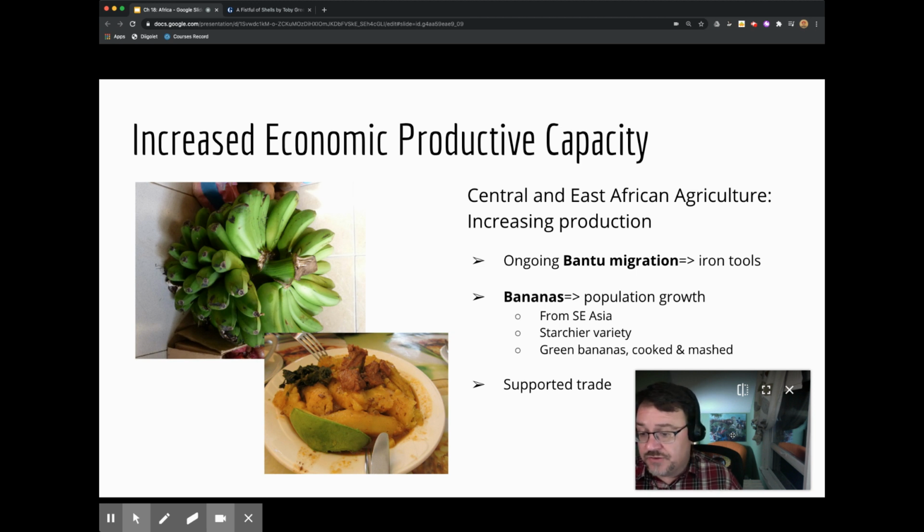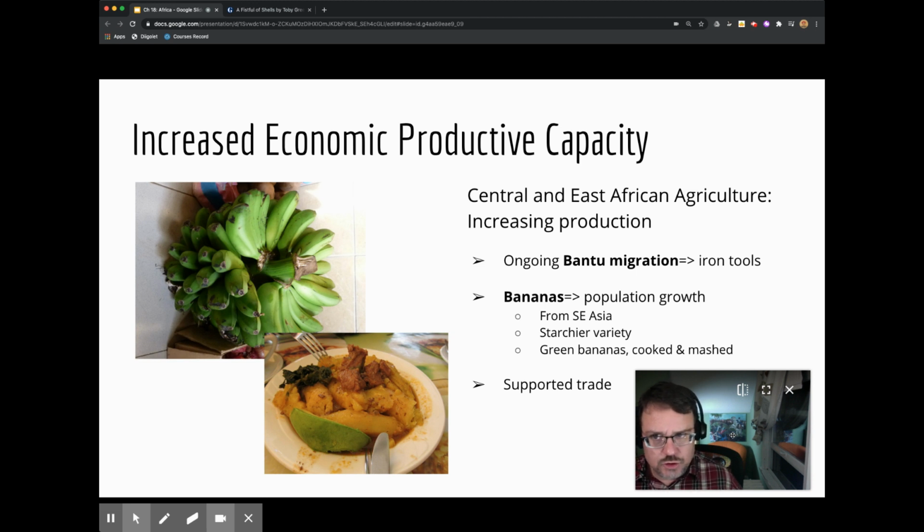But like in other places, the growth of the food supply leads to a bigger population, which is going to contribute to greater complexity. Okay. The Bantu migration happens prior to that and is a theory of the spread of Bantu people, Bantu being a language family and culture, through central into western and into southern Africa.